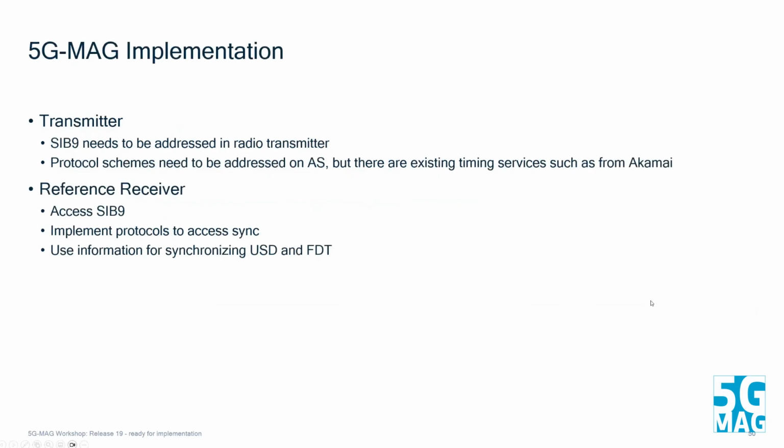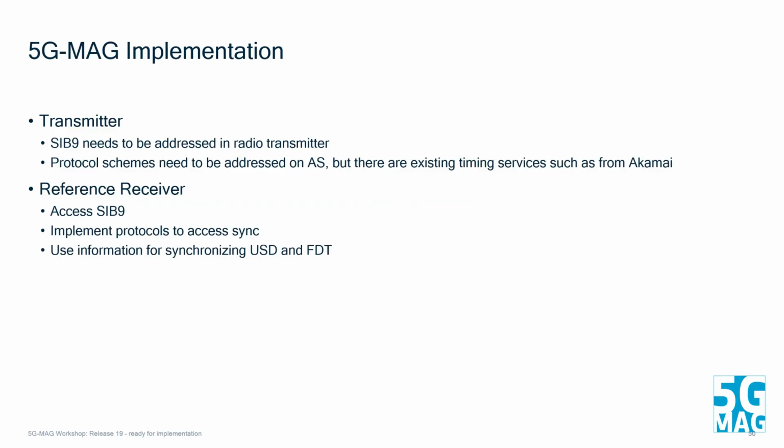Okay, what would have to be done on the transmitter? You need to add SIB9 with the wall clocking, and then also obviously synchronize on the transmitter with the SIB9. The protocol schemes need to be addressed on AS, but there are existing time services such as from Akamai.